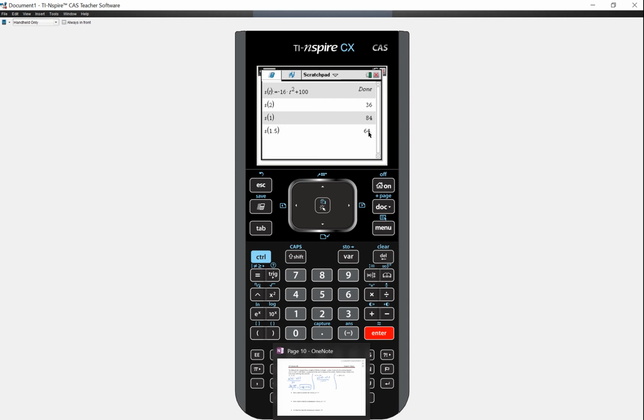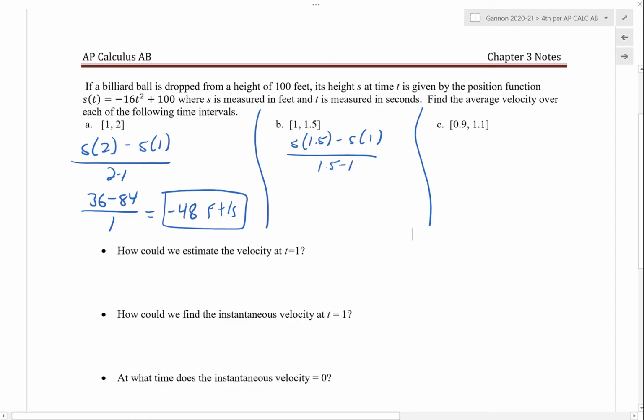So if we go back to our problem, we're going to have 64 minus 84 over, this time, 1.5 minus 1, which is 0.5. If we simplify that, we've got negative 20 divided by 1/2, which is negative 40 feet per second. So that's the average velocity there.